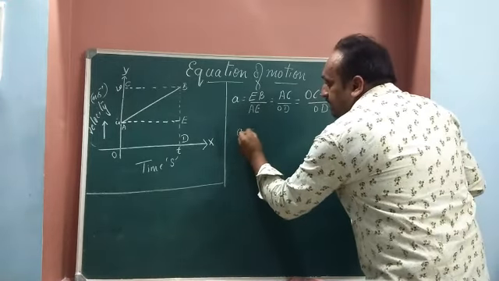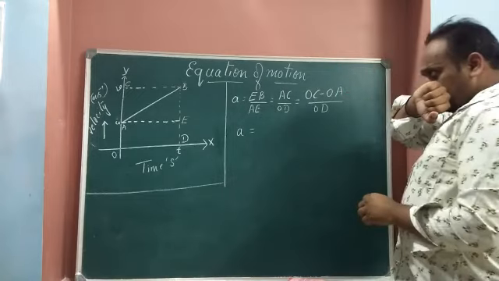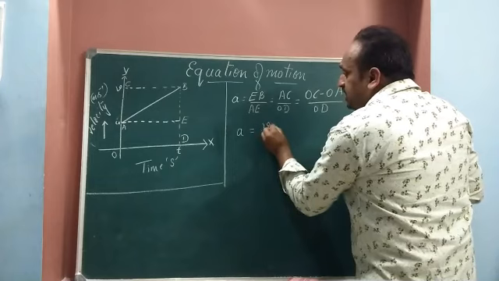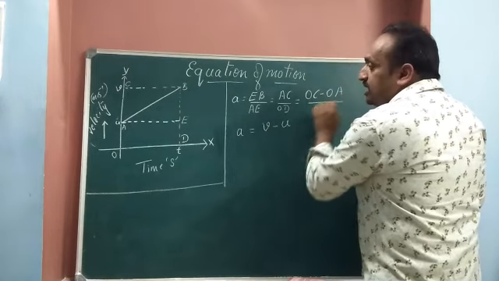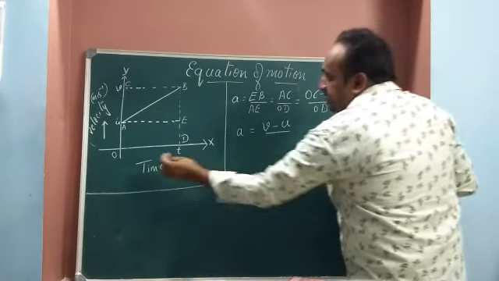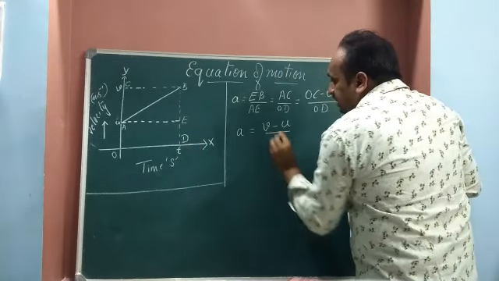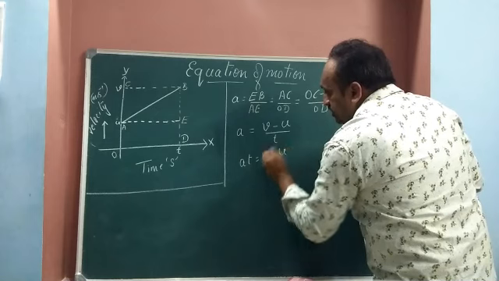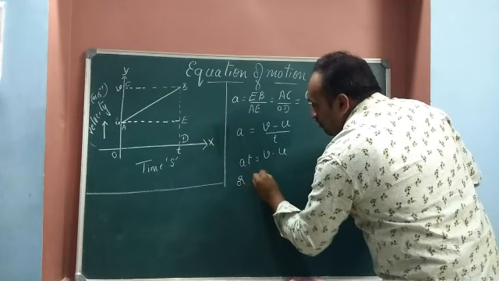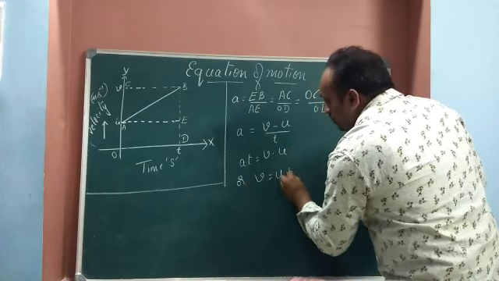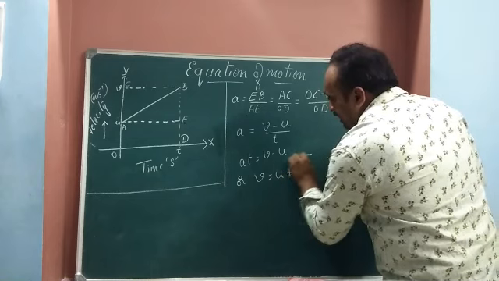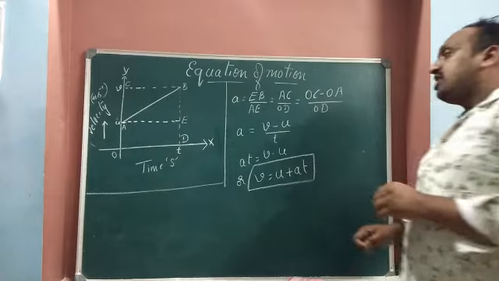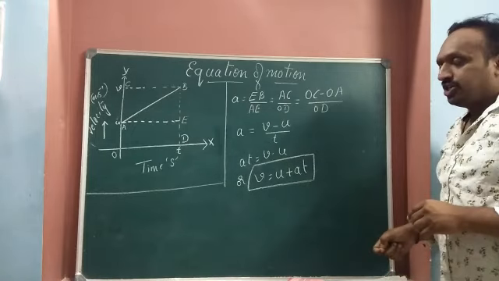So A is equal to OC total is V minus OA is U divided by OD is T, or AT is equal to V minus U, or V is equal to U plus AT. This is one of the equations of motion.